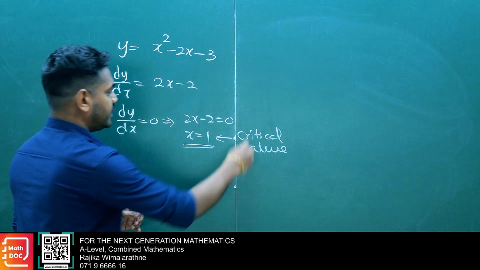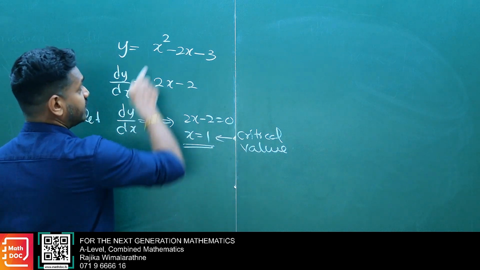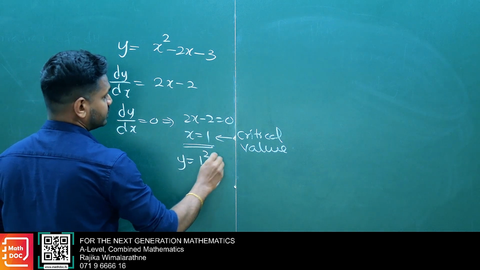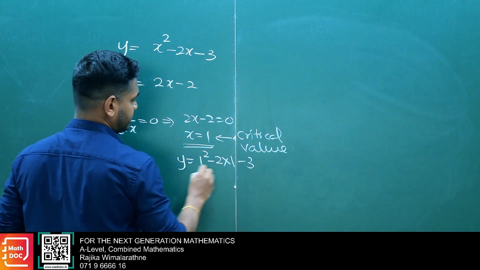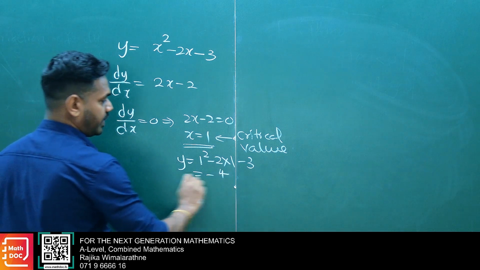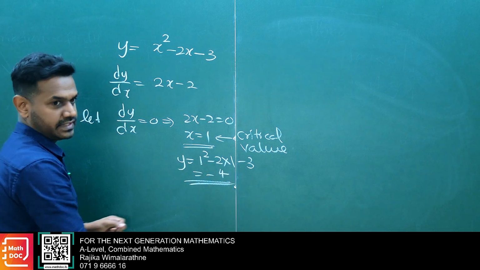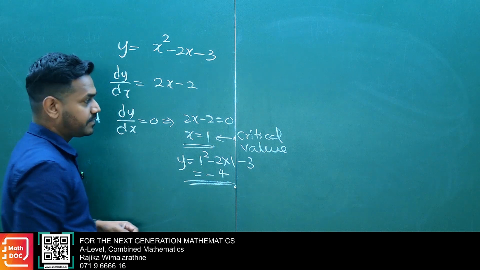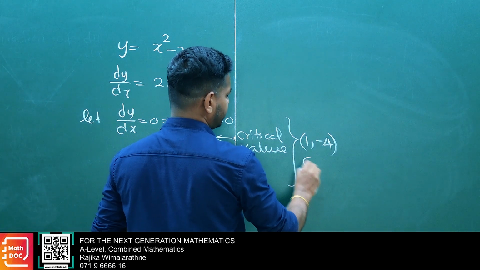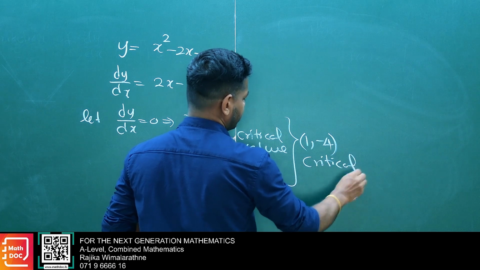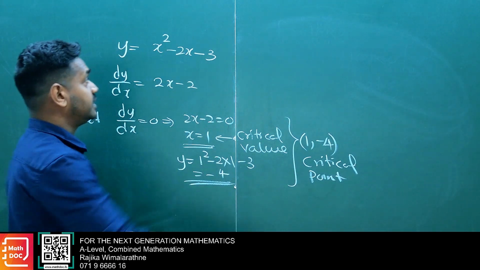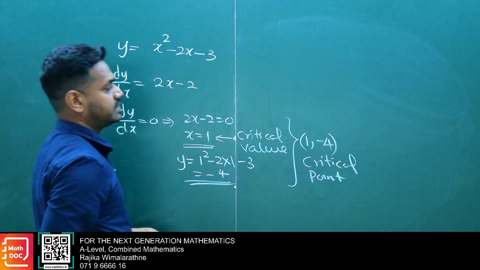Okay. Then here critical value, get corresponding point. Substitute 1 square minus 2 times 1 minus 3, that is minus 4. Then here 1, minus 4 is the critical point. Therefore, by these two you say 1 comma minus 4 critical point.